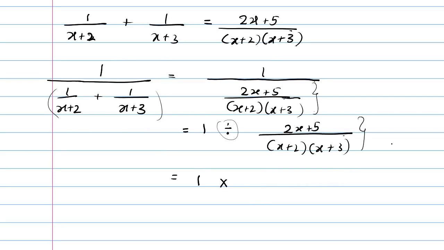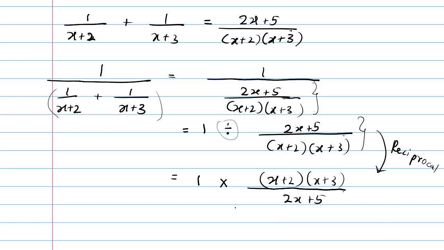We take the reciprocal. So what you do is just exchange or flip the numerator and the denominator. We have x plus 2, x plus 3. The numerator goes to the denominator, and the denominator goes to the numerator. So 2x plus 5.